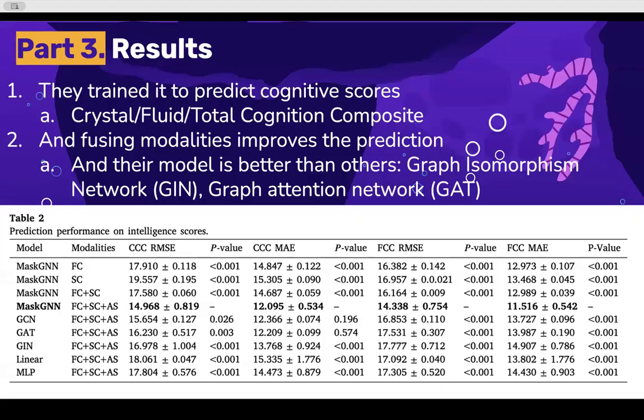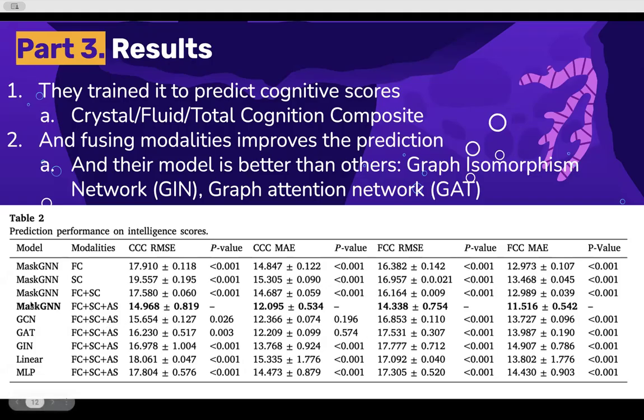And so they're showing the results. First, they have compared the performance of their model on different modalities, different combinations of modalities. And they also compared how different architectures work with their features and techniques for feature treatment.